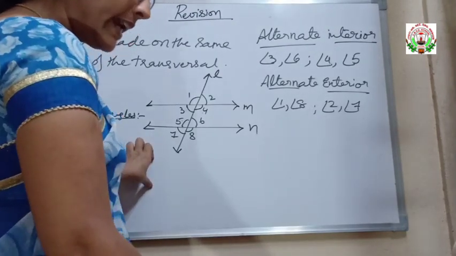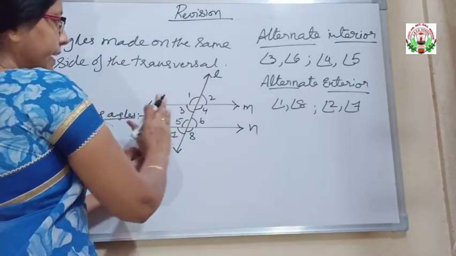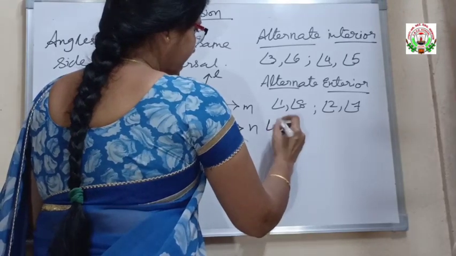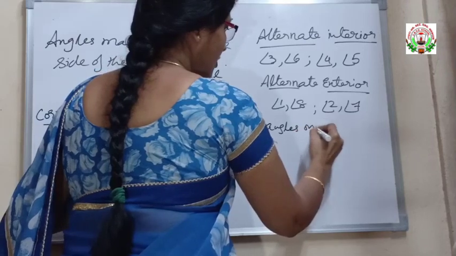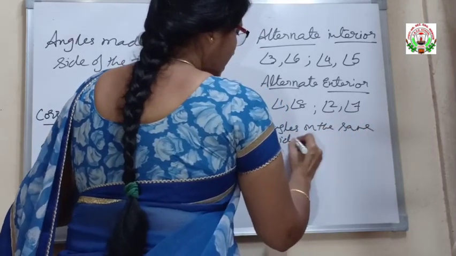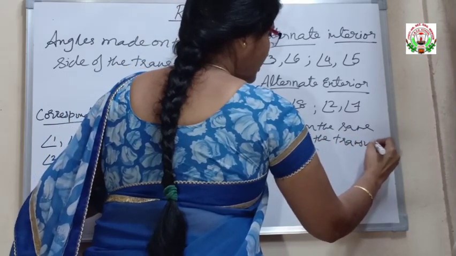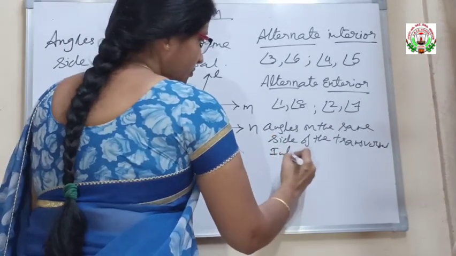Next, pair of interior angles on the same side of the transversal. That is on the same side, this side and that side. That too interior.